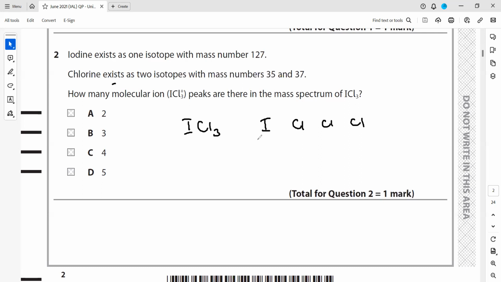So this will remain 127. This might be 35, 35, and 35. Like this is one possibility, that all of them are 35.